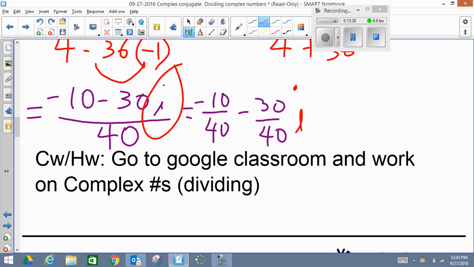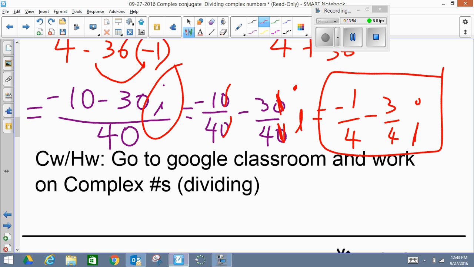Technically I'm done, but if I can simplify the expression, I do it. So I can cancel a 0 from the top and a 0 from the bottom, which gives me negative 1 over 4 minus, a 0 from the top and a 0 from the bottom, 3 over 4 i. And that's my final answer. Remember, a plus bi. That's the form.